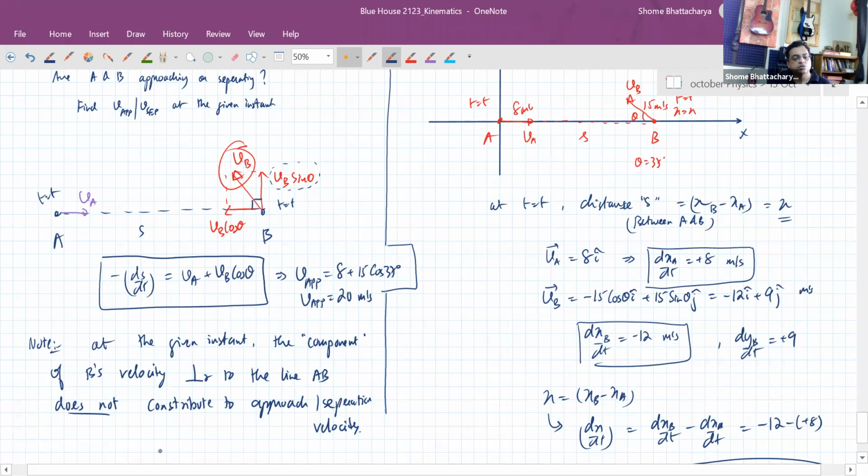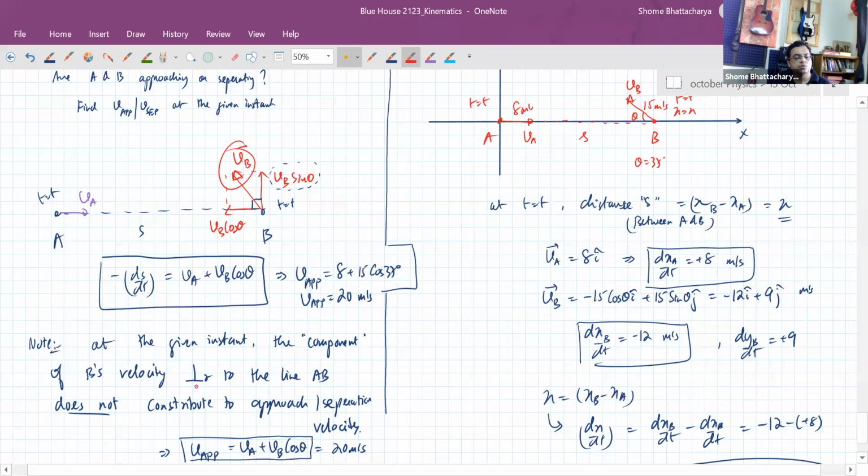So that is why our approach velocity becomes VA plus VB cos theta, which is 20 meters per second. The VB sine theta component does not play any role.